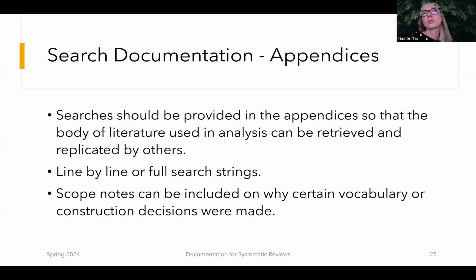So when I'm doing searches for people, I have to construct very specific search strings if they're looking for medication safety issues. And so I include a note about why I used certain terms and not others, or why certain terms are very specific and narrow, because certain terms don't apply or certain definitions aren't appropriate. So notes can be included in the appendix about why we chose certain vocabulary.